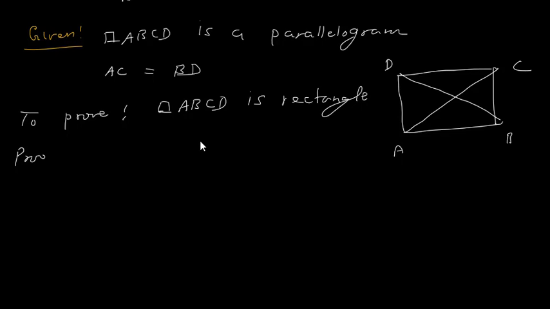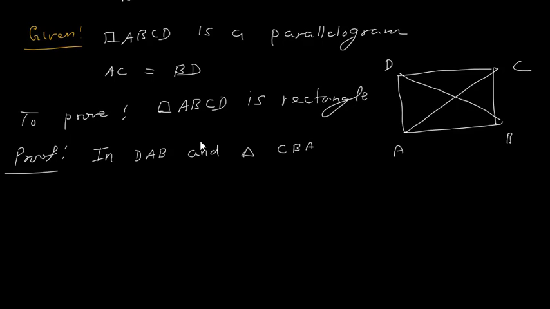Proof. Now what I want to do is prove them congruent so that corresponding angles will be equal, and as the corresponding angles are supplementary, each angle is going to be 90 degrees. So in the proof, I will take two triangles: triangle DAB and triangle CBA.